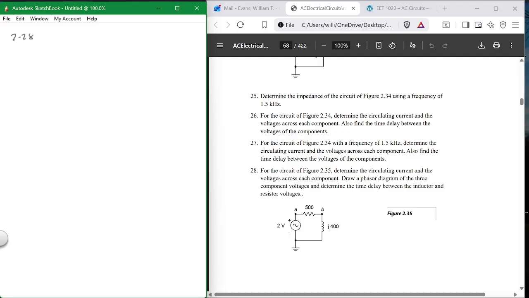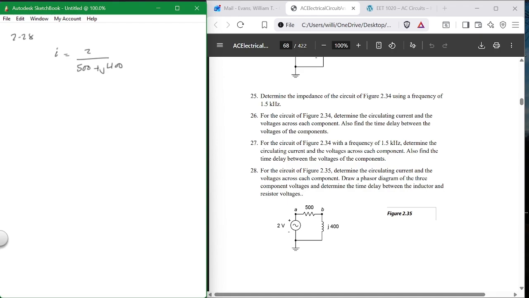Anybody got this already solved? What was I for number 28? It's 2 over 500 plus J400. Now the calculator part, right? Hit menu equals to get it into the complex mode. It's always got to be in the complex mode before you do this.